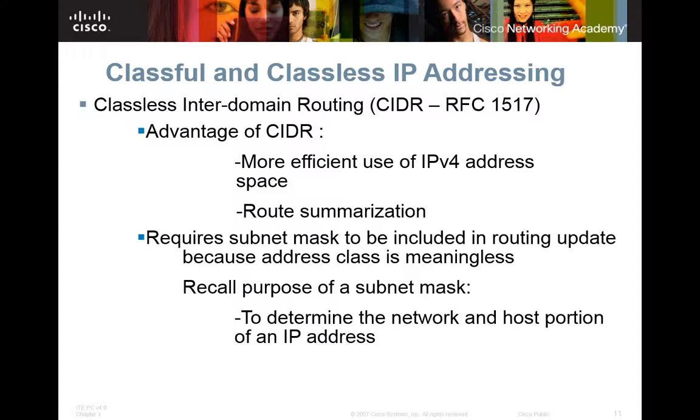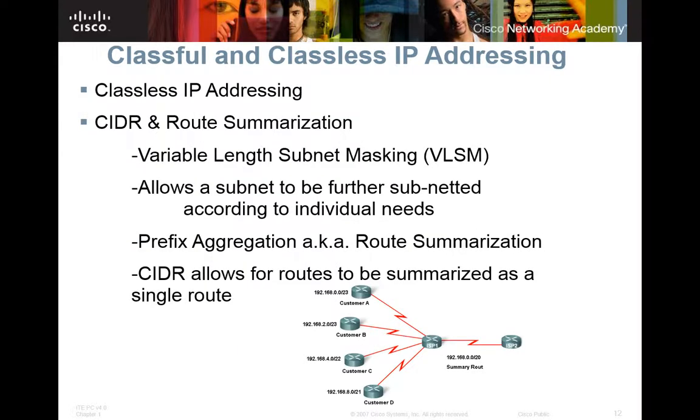What are the advantages? CIDR gives you more efficient use of IPv4, right? It also requires the subnet mask to be sent in the routing update, otherwise the address class is meaningless. So that's where we come into variable length subnet masks. Y'all remember where you had the 4 LANs out here, starting with number 2? You had like 24, 25, 26, and 27. And you were trying to figure out how to get them all into the same static route.